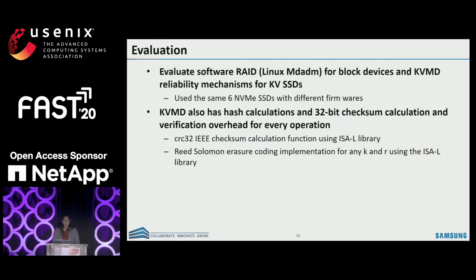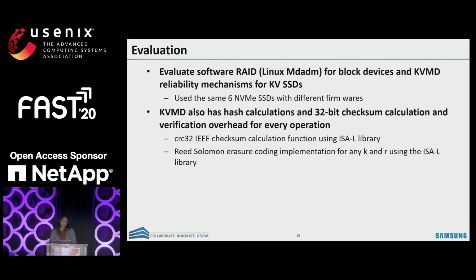So we'll go into the evaluation, and here we are comparing software RAID, Linux mdadm-based, for block devices, and KVMD for KV SSDs. Six NVMe SSDs, the same ones, are used with different firmwares: block firmware for block, and then our KV firmware.